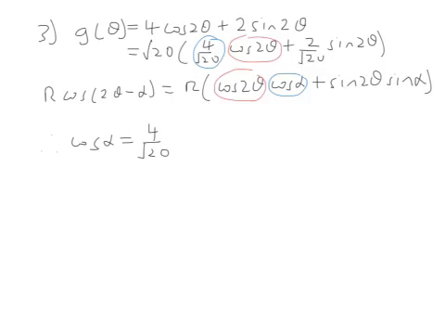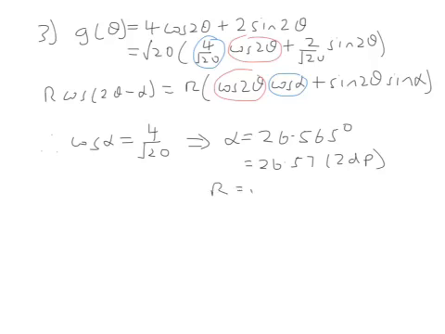So from that, we need alpha to 2 decimal places, so let's just bear in mind we may be doing some work later on. So it's 26.565 degrees, which is 26.57 to 2 decimal places, but if you need this later on in the question, we'll use 26.565. And then let's explicitly state that r equals root 20.